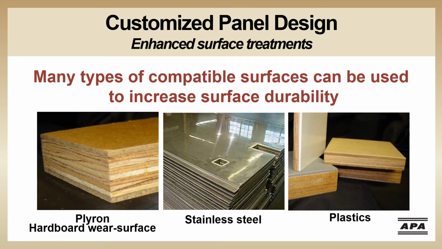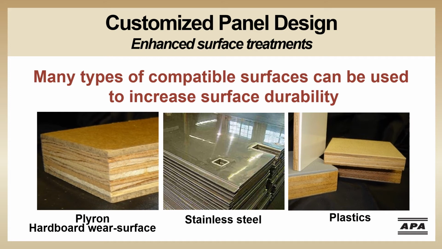The surfaces of plywood panels can be enhanced with many compatible surfaces. Often, laminated materials increase the durability of the surface of panels as in industrial floors. A hardboard surface can be laminated to the face, creating a wear-resistant grade of panel called Plyron that is available from several manufacturers of plywood.